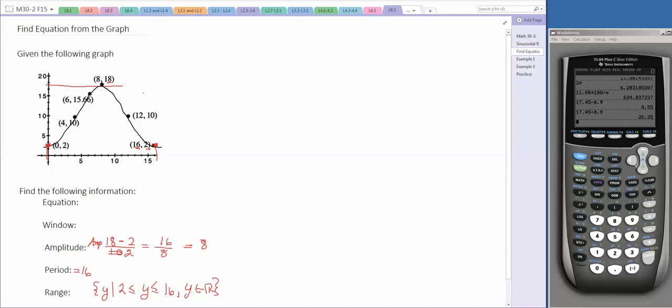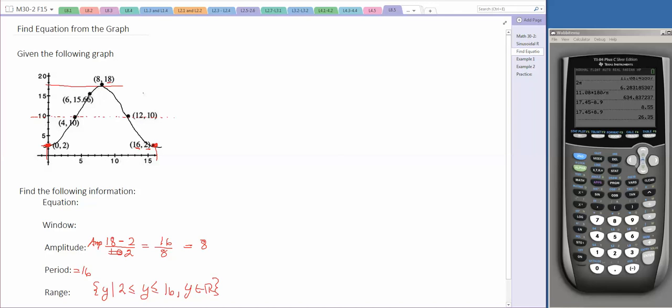So I know my period is 16, I know my amplitude is 8, and if we think about this, our midline is 10, right? If we take 18 plus 2 and then divide by 2, 18 plus 2 divided by 2 is 10.